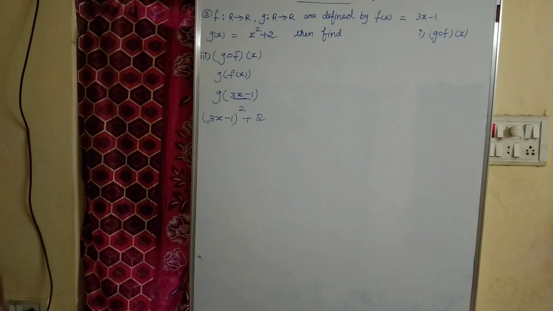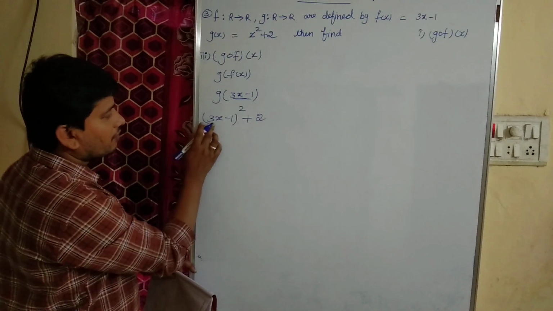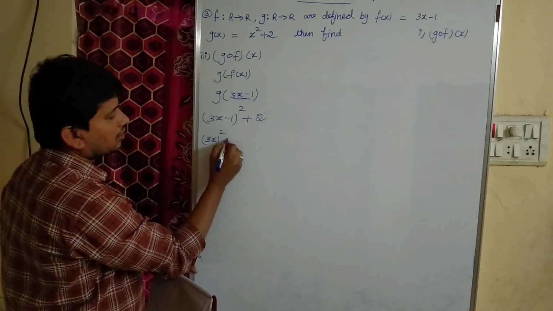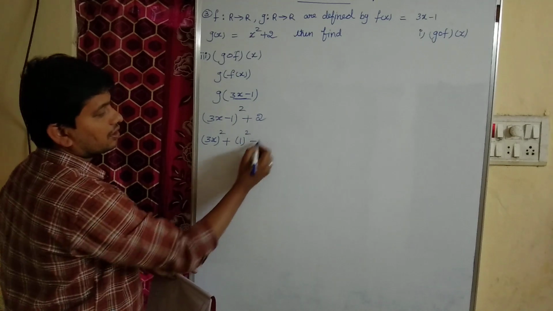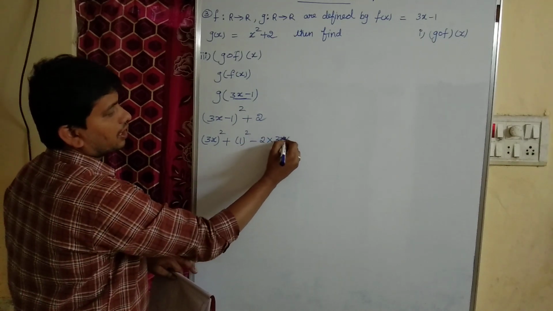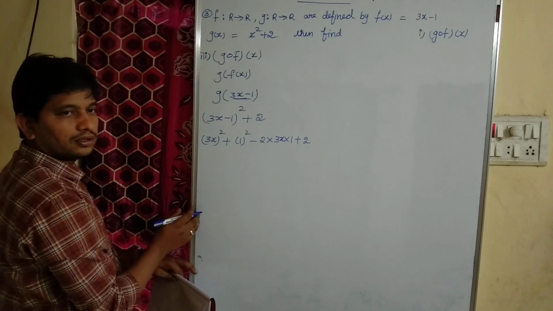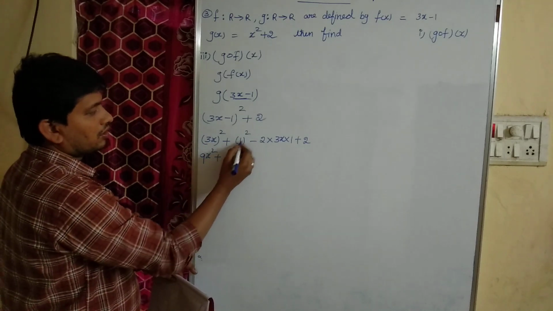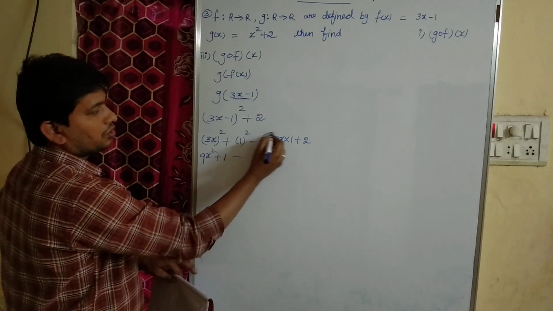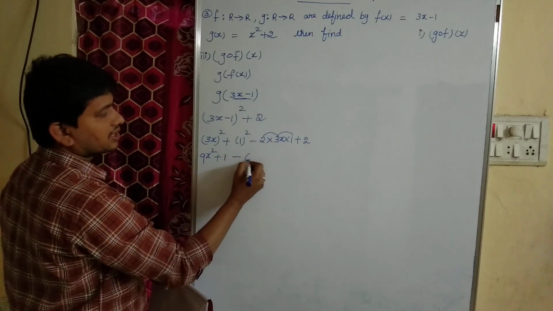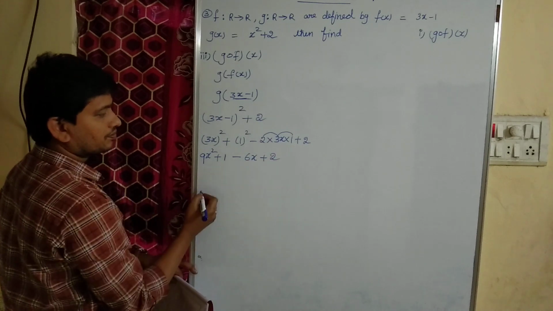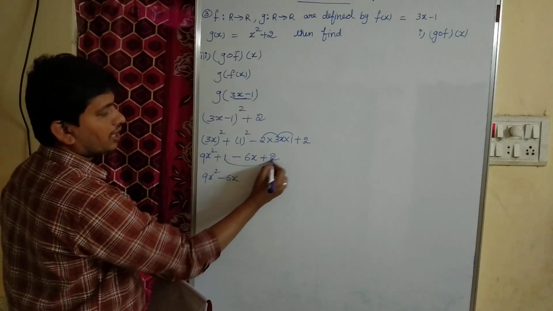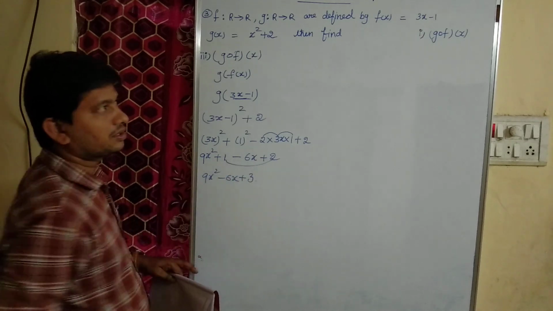Now which is in the form of a minus b whole square: a square plus b square minus 2ab. 3 square is 9x square, 1 square is 1, 2 threes are 6, 6 ones are 6, 6x, plus 2. So 9x square, then minus 6x, then 1 plus 2, that is equal to 3.